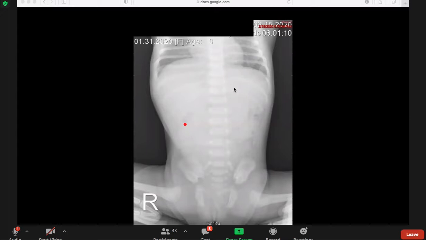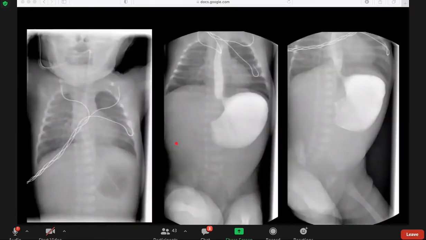There are intact flank stripes. This was signed out as overall paucity of bowel gas, which may suggest fluid-filled or collapsed bowel. Close follow-up imaging is suggested. Further stay at the ER showed persistence of vomiting, so additional examination was done and an upper GI series was requested.